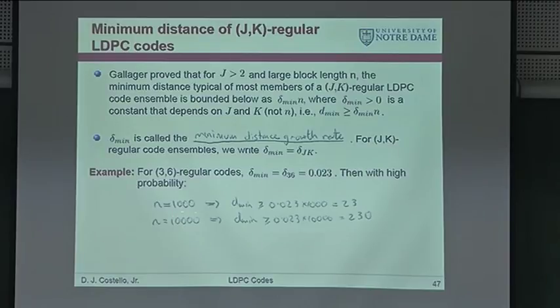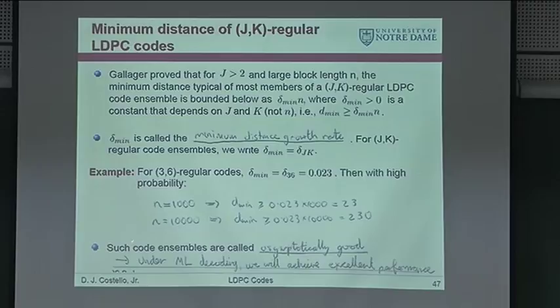Which means if you chose a code of length 1,000 from this ensemble, you would have a high probability that your code would have a minimum distance at least 23. If you chose a code of length 10,000, you'd have a high probability that your code would have a minimum distance of at least 230. So this is the nice thing about these types of ensembles that have the so-called linear growth property. They're called asymptotically good for this reason.